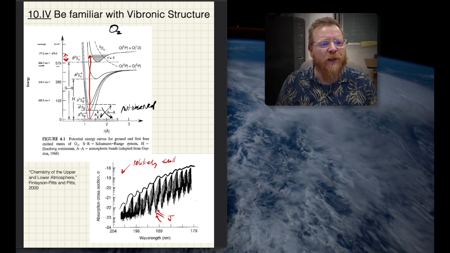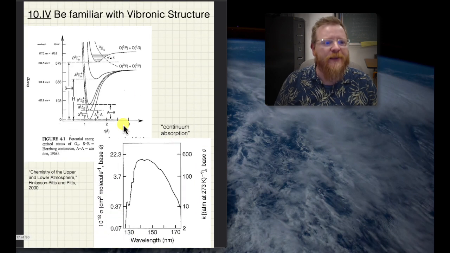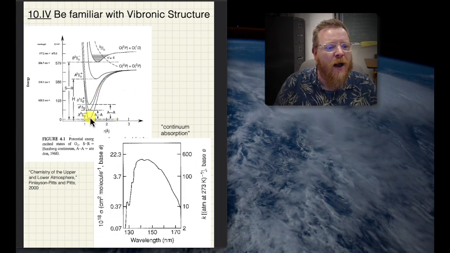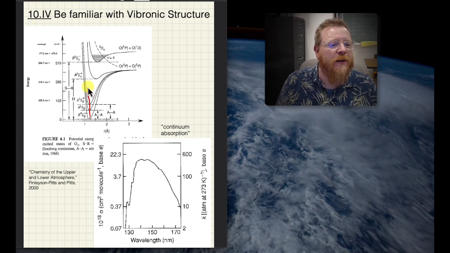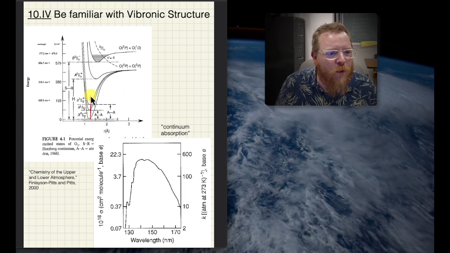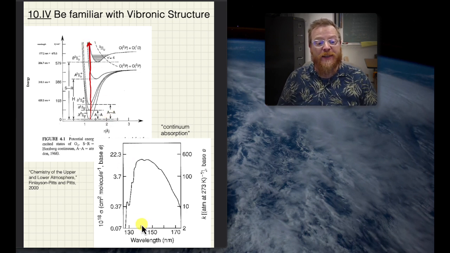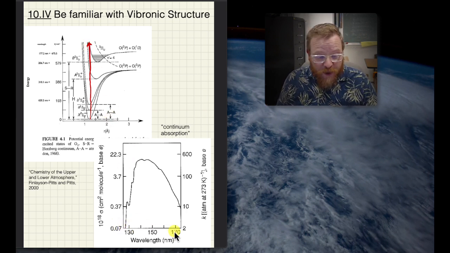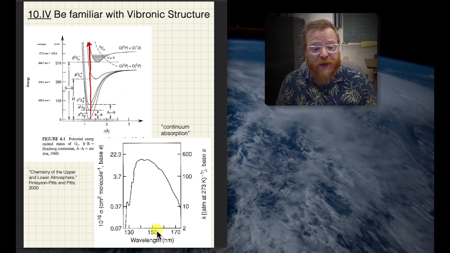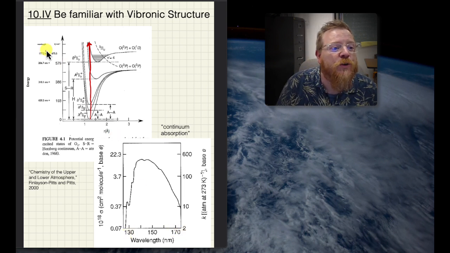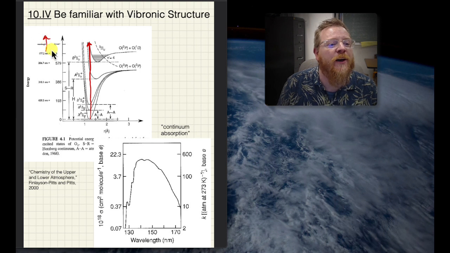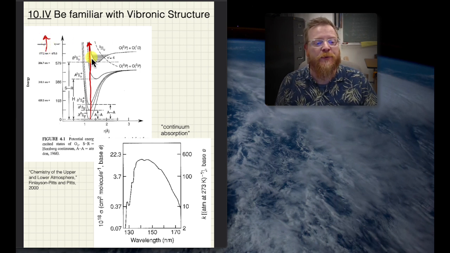And so now continuing along, if we continue that vertical transition up and up and up, I'm going to go, ooh, I can't draw a straight line. Let me try that again. So if I go all the way up past those vibrational levels, somewhere into here, now we can see this is the absorption spectra from 130 to 170 nanometers, which would put us up on the scale and out of this diagram completely.